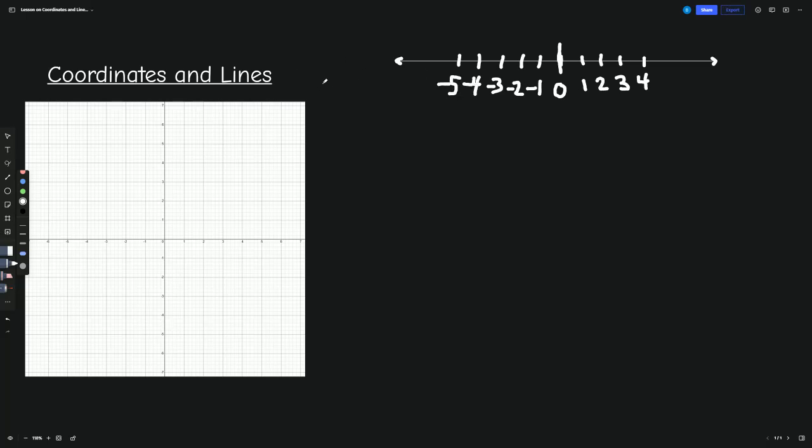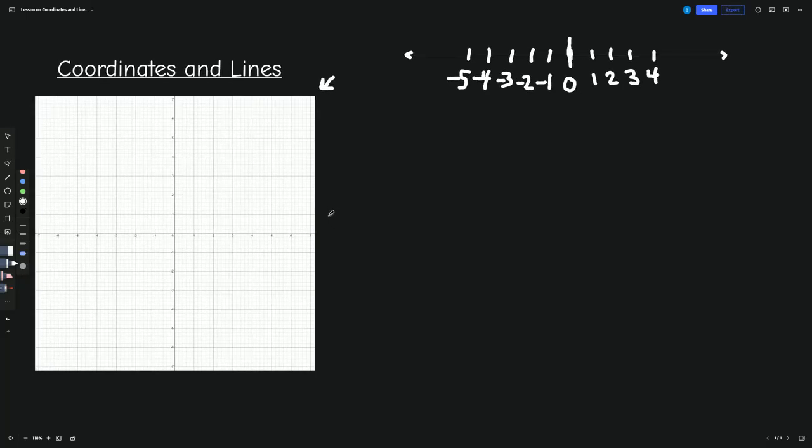So on the coordinate plane over here, we have two of these, and they're oriented perpendicular to each other, as they intersect at a 90-degree angle. So we denote the axis that goes to the left and right as the x-axis, and we denote the axis that goes up and down as the y-axis.